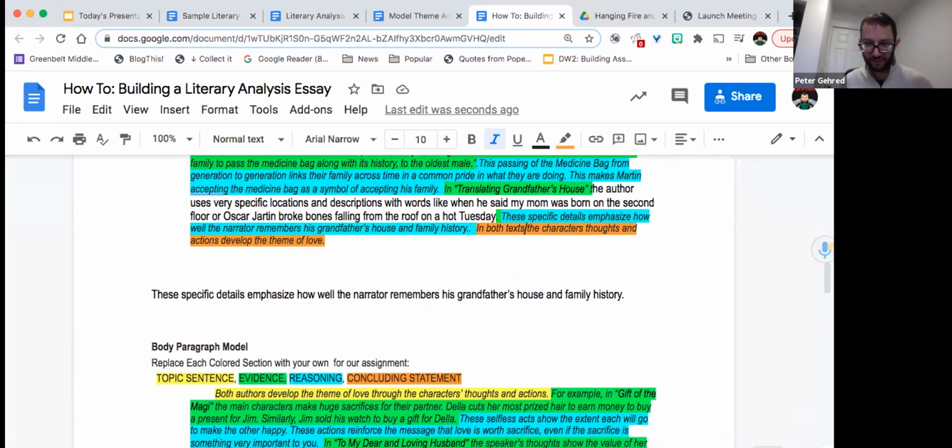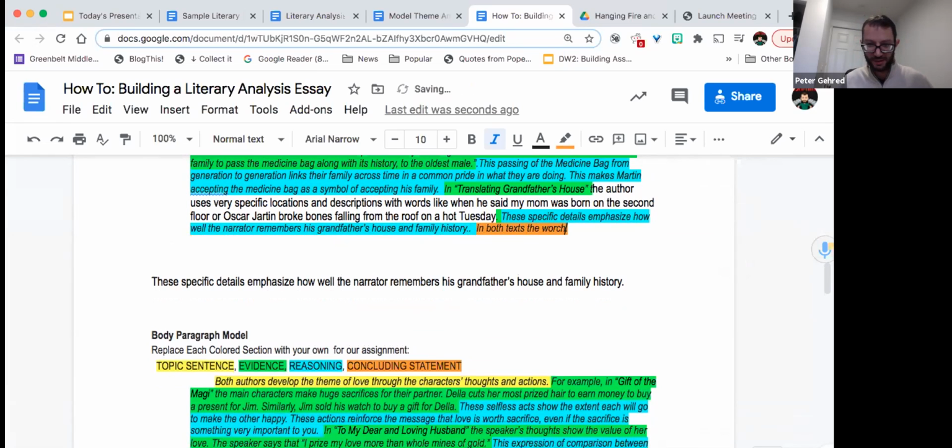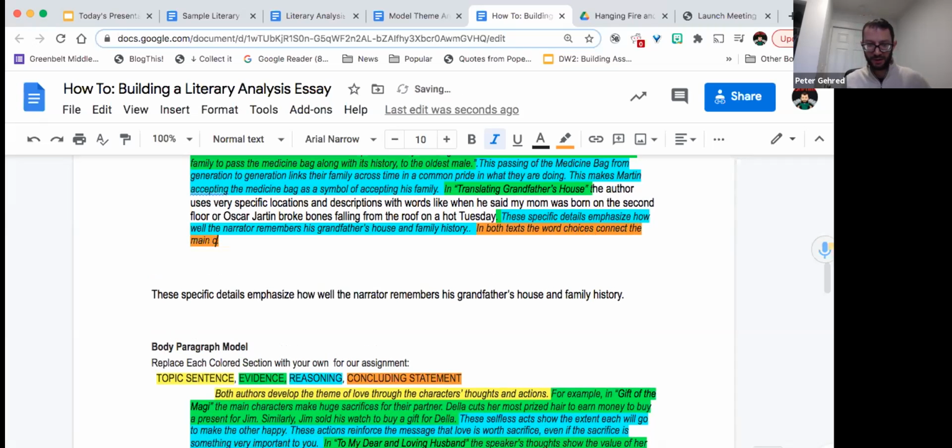So then you say in both texts, the word choices connect the main character to their family and history.